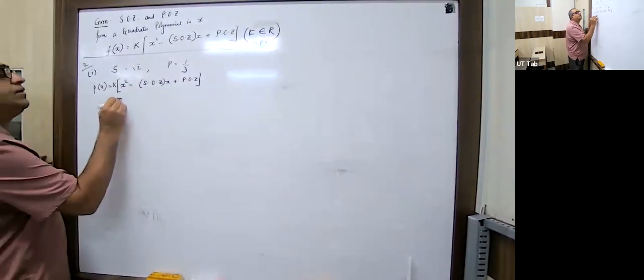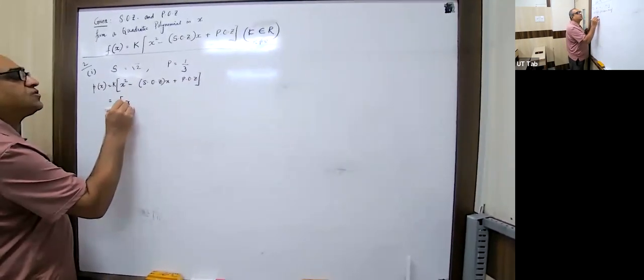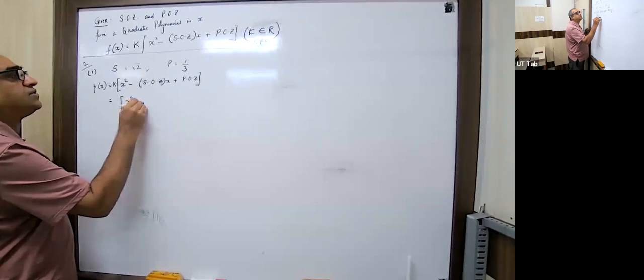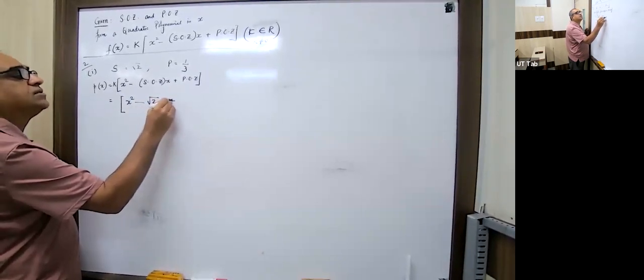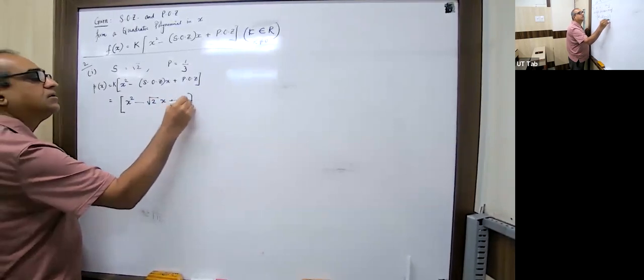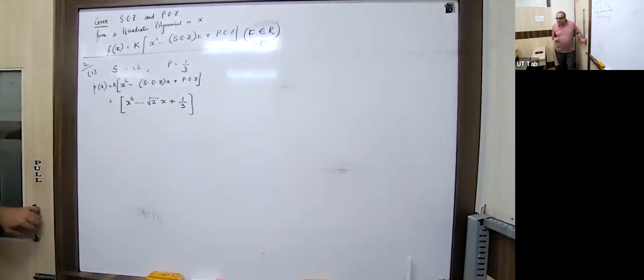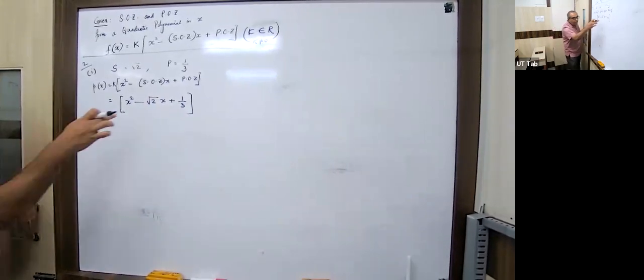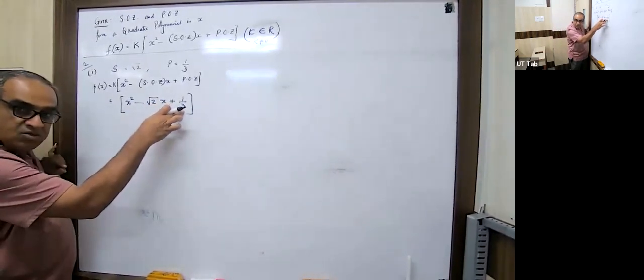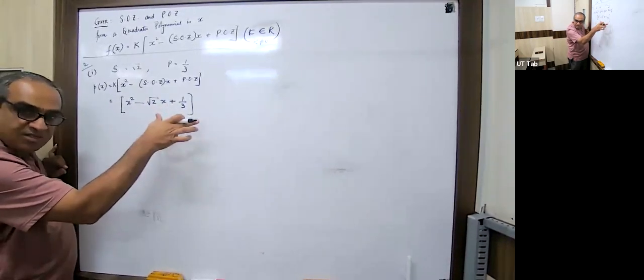So now I'll write x squared minus sum of the zeros into x. Now here you will see my k is missing because our k is going to be created. Now my denominator here is 3. So my LCM for the entire expression is 3.